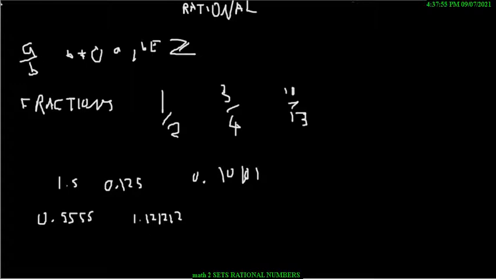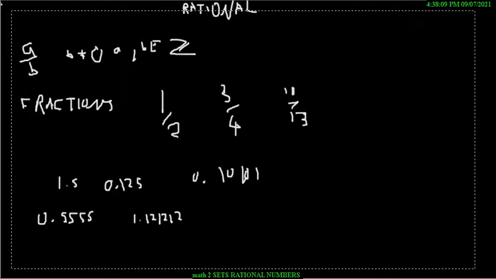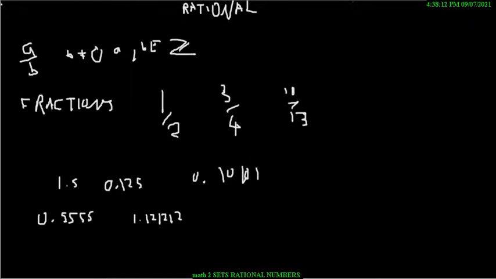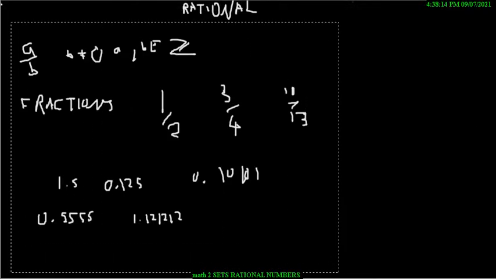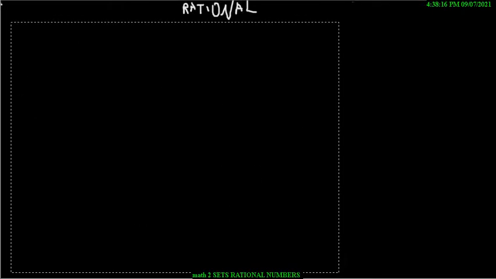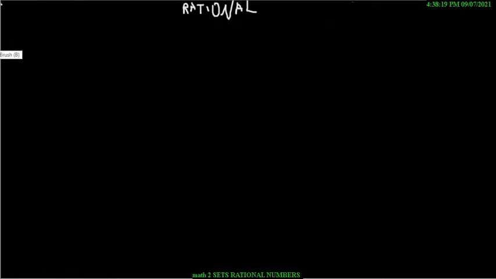So fractions are pretty easy, of course, and terminating decimals are also straightforward. But what I think you really need to learn is how to handle non-terminating decimals, because if you're told to convert this into a fraction, how would you do it?